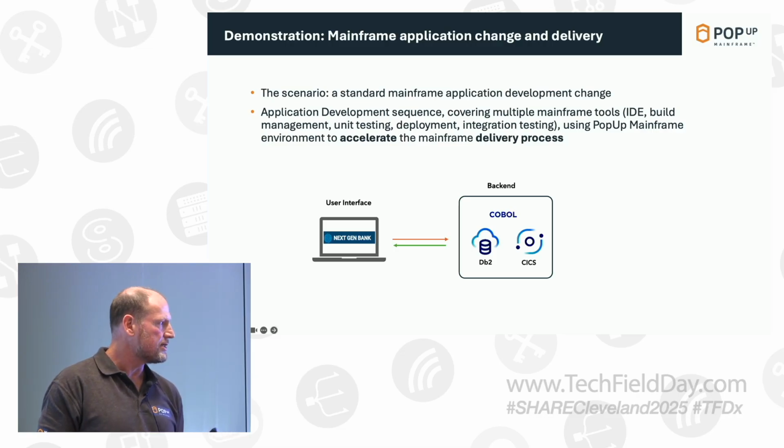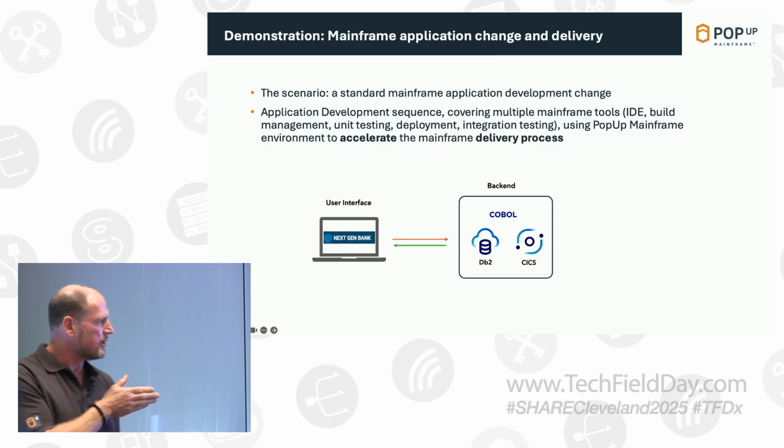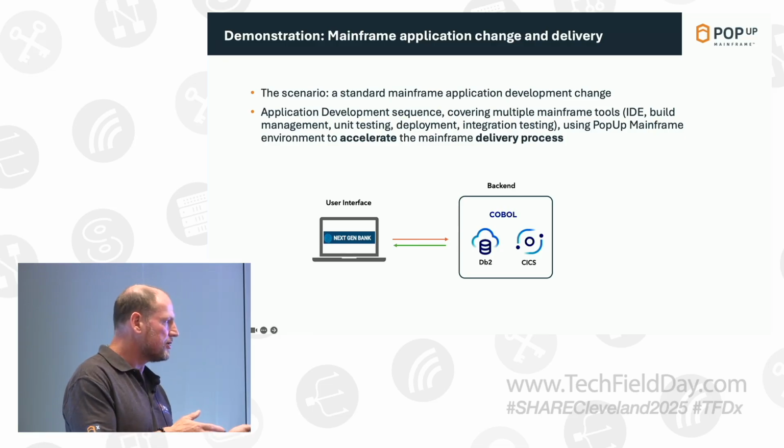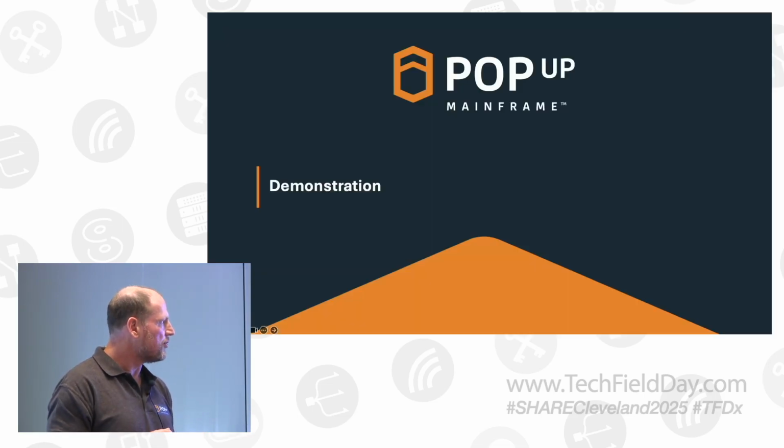It's using z/OS Connect to the back end, and it's got a mixture of our old friends, COBOL Check and DB2. Just so you understand, the back end for the NextGen Bank is running on a pop-up in dev test. In a real-world example, it would be production on a mainframe. So you get the idea of what we're trying to show there. So into the demonstration.